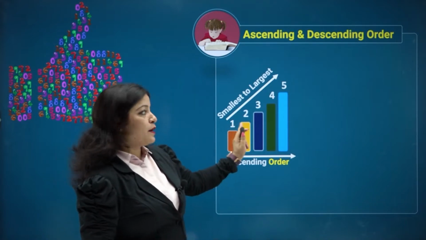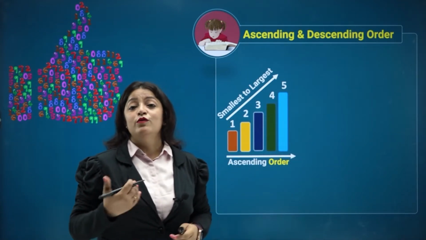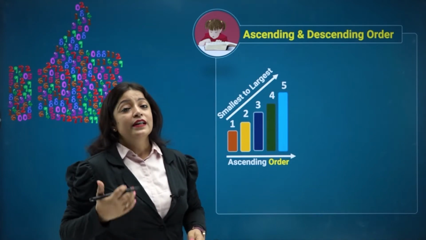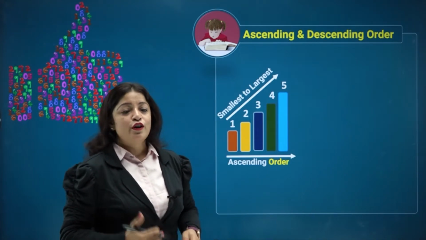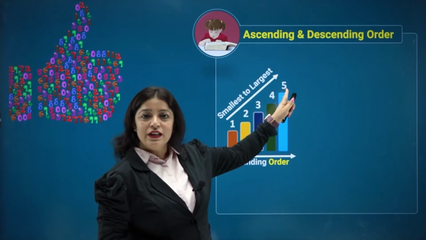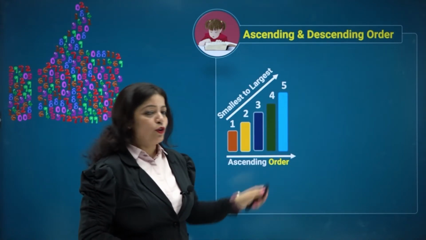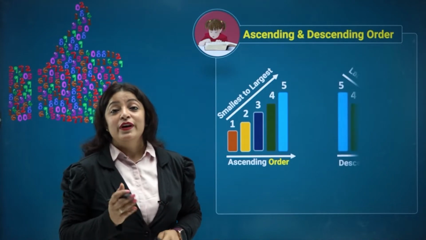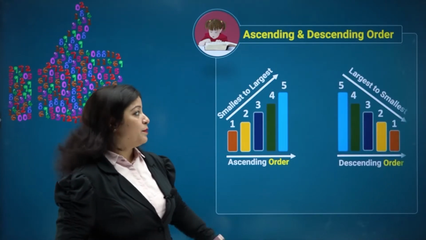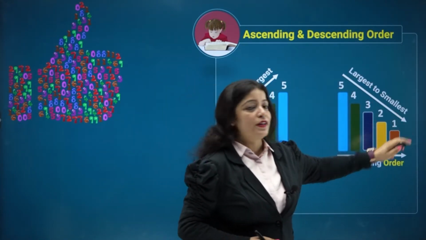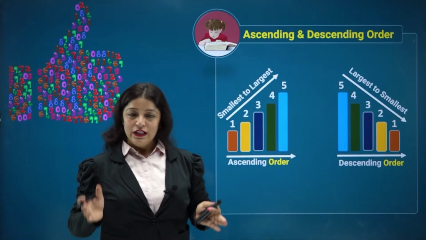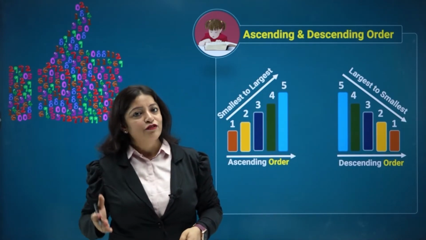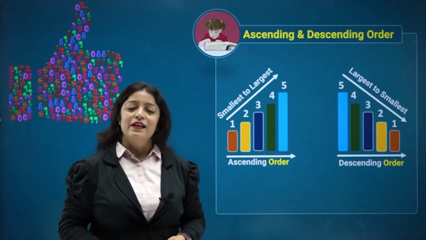For example, if we are comparing 1, 2, 3, 4, 5 and we want to write it in ascending order, that means we have to arrange the numbers from smallest to largest. This is ascending order and its opposite is descending order. In descending order, we have to write the numbers from largest to smallest. That means first the largest number is written, and after that we keep decreasing the numbers.